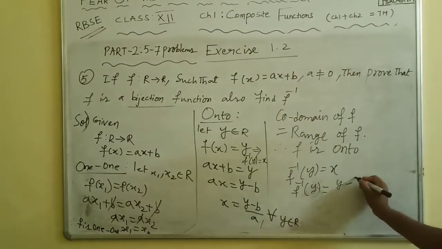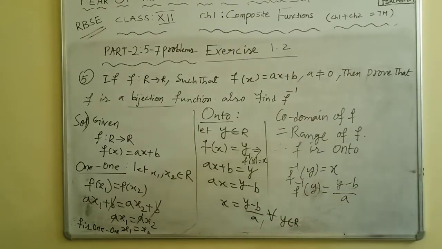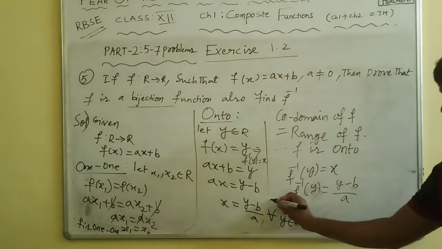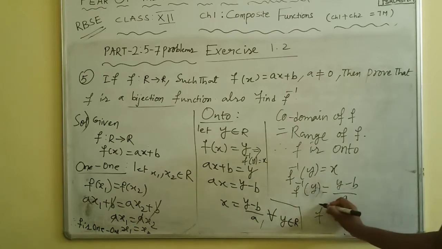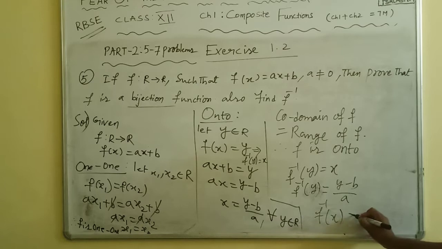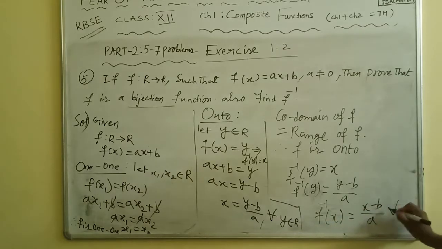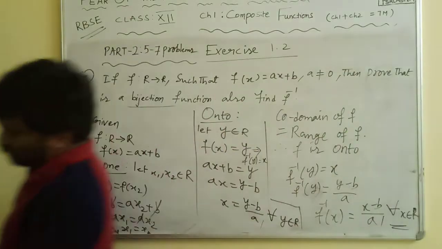So write that, y minus b upon a. If you want it as a formula, just replace y with x. So f inverse of x is equal to x minus b upon a for every x belonging to R. So this is about your fifth problem. Let's move on to the next problem.